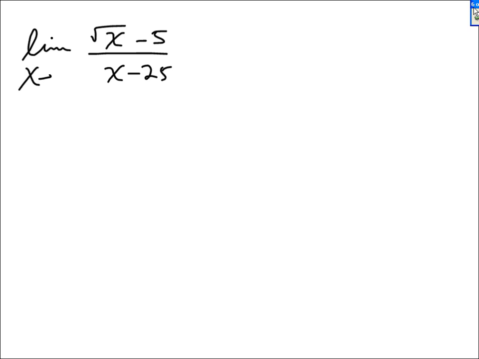Now I keep talking about polynomials. Well, here's an example, a limit, where we don't have polynomials. Take the limit as x goes to 25. Now it's not a polynomial because the power of x can only be 0 or 1 or 2 or 3 or 4, etc. to be a polynomial.